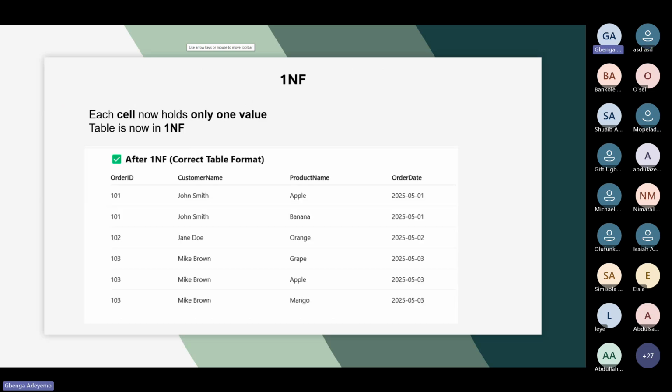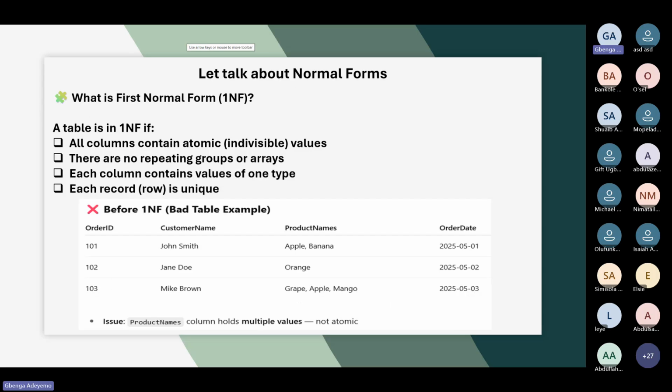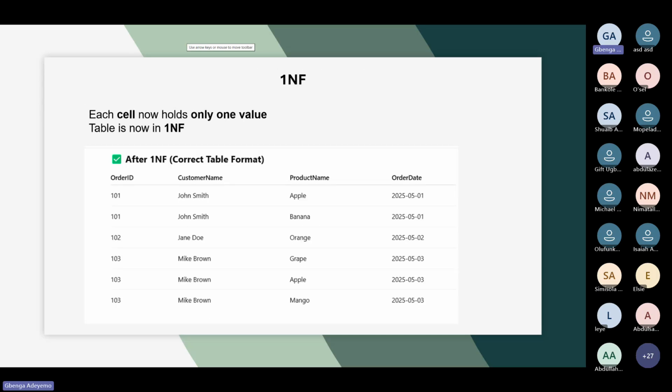But in the actual sense, does all the column contain atomic values from this table? I want responses. All the columns that you see, do they contain atomic values in this new one? Yes. No. How? Customer name.